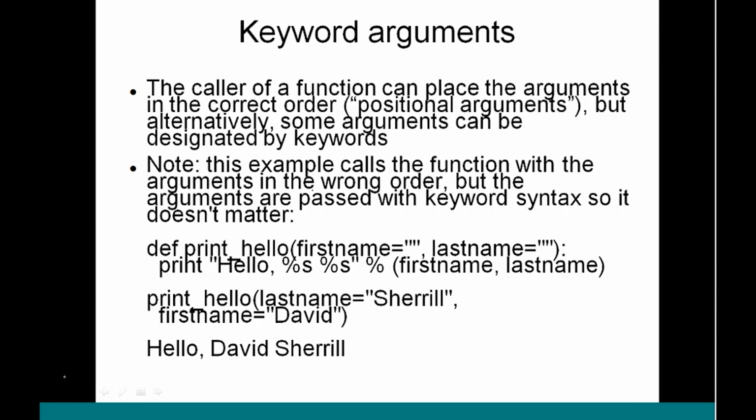Now the keyword arguments. The caller of a function can place the arguments in the correct order. That is the positional argument. This is something that we saw even in Tcl, the positional versus the non-positional.